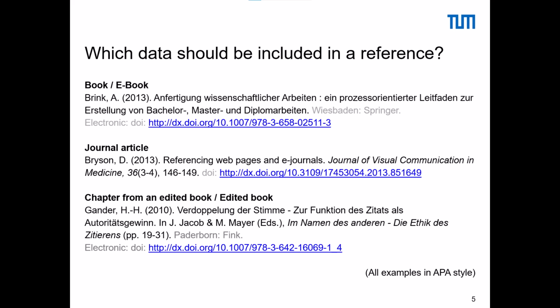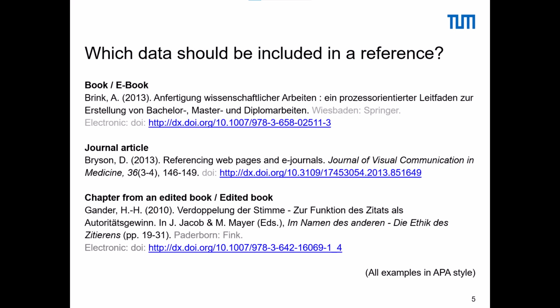So let's have a look at what kind of information we find in all of those examples. The first information we can always find is the author, someone who created this work. So that's the first thing we need, an author. Then we always have some information about when this piece was published. We then have some kind of information about what kind of work it is.